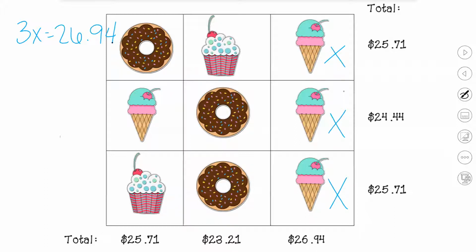Is there another row or column I could use to help me figure out another one? 2 ice creams, 1 donut. The next horizontal one, this second horizontal one, okay? Because I know an ice cream is the letter X. Can a donut be the letter X? What does a donut have to be? A different letter.